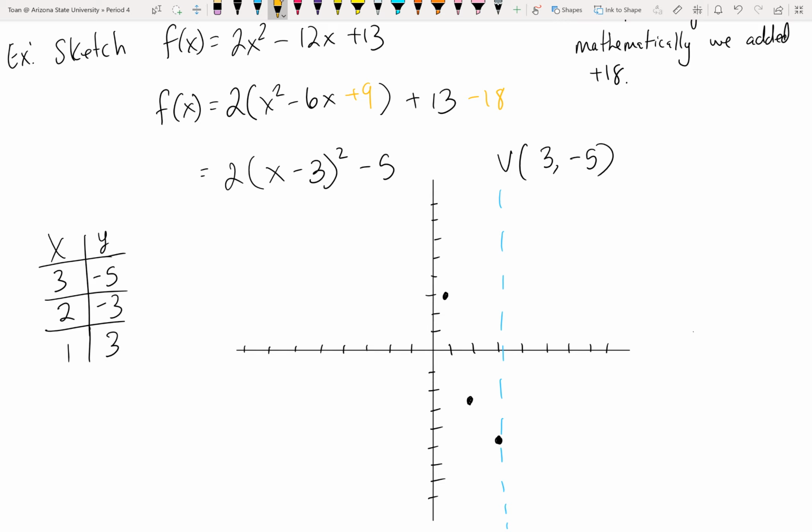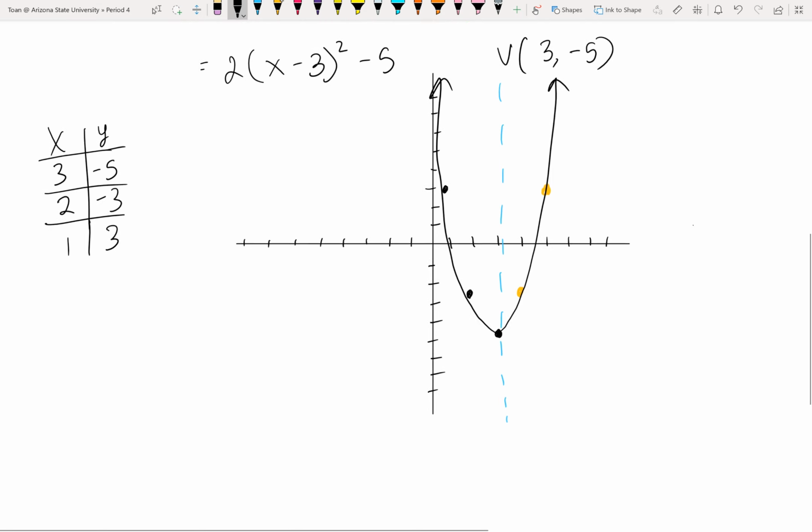So I know that this point is guaranteed to be on my parabola. This point here is guaranteed to be on my parabola. All I did was take those black points, mirror them over, and then we have the full function. Easy peasy.